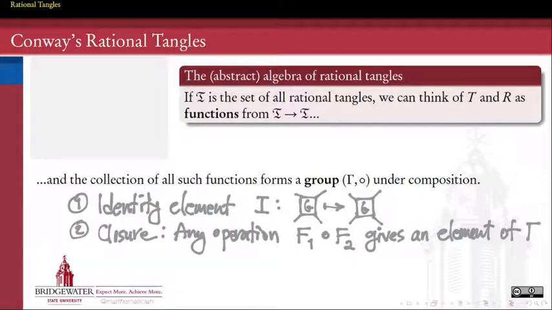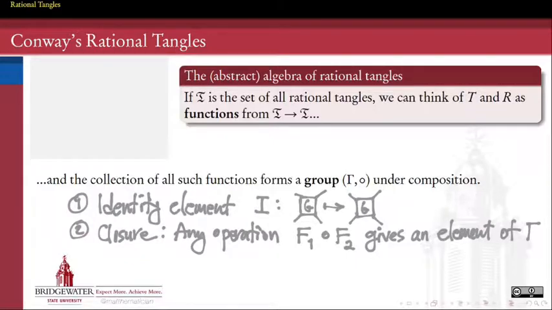In other words, I'm looking at the set of all possible things that I can do to rational tangles, and they're all built out of T's and R's by definition, right? So if I take any combination of T's and R's and I stick it on top of another combination of T's and R's, then I'm going to get another combination of T's and R's, which is still a part of this set, right? Still a part of this group.